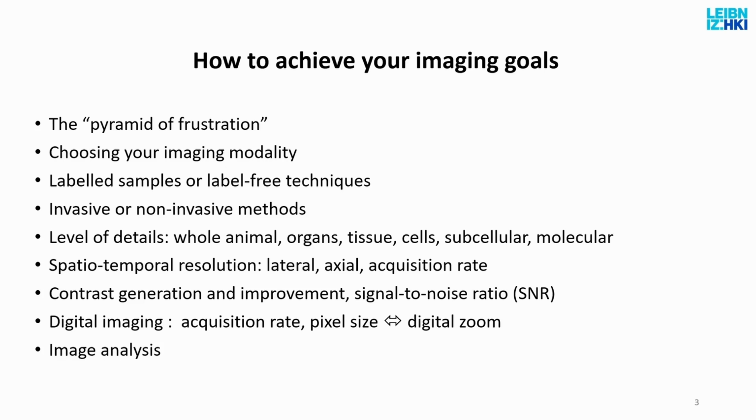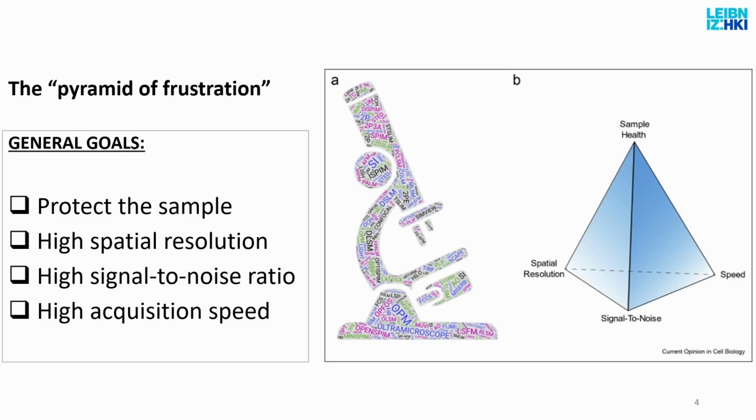So let's start with one of my favorite subjects, or way to show this, the pyramid of frustration, as they call it. It is basically what I mentioned, that you have to compromise. You will not be able to get the absolute perfect image in reality. In theory, of course, in reality, you cannot.